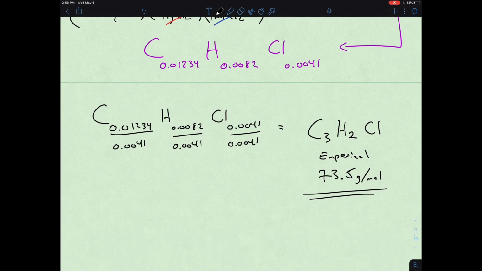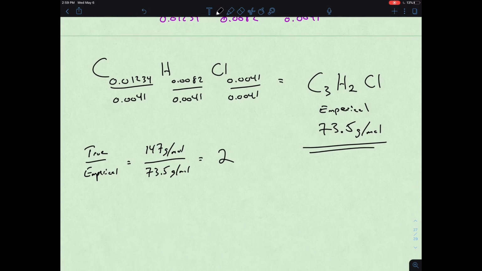And so now, if we take our true, divide it by the empirical to get to that ratio, we would have 147 grams per mole divided by 73.5, and we get a ratio of 2 to 1.